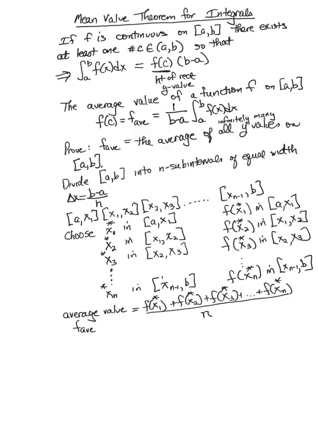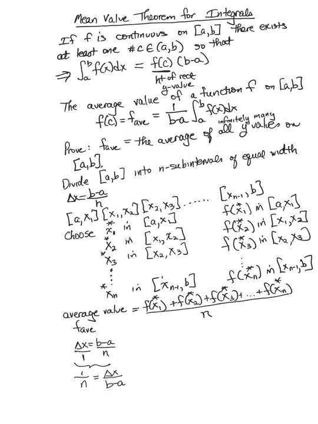And we're going to use a little bit of algebra. Since delta x is b minus a over n, if I put delta x over 1, I could rewrite this as 1 over n is equal to delta x over b minus a, by properties of proportions.